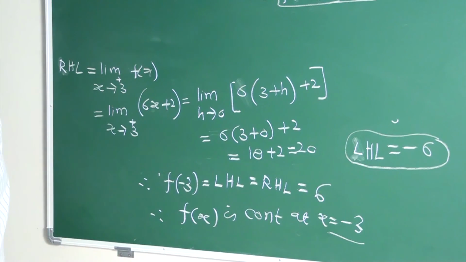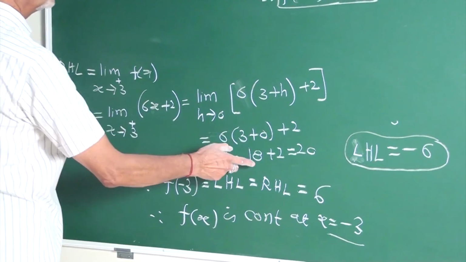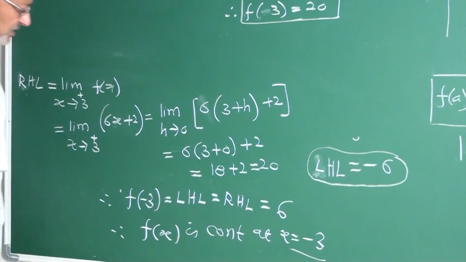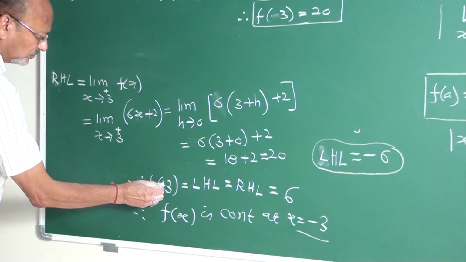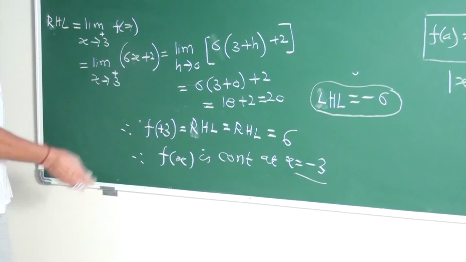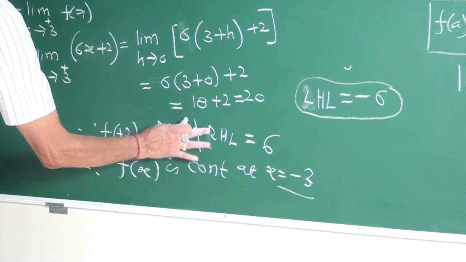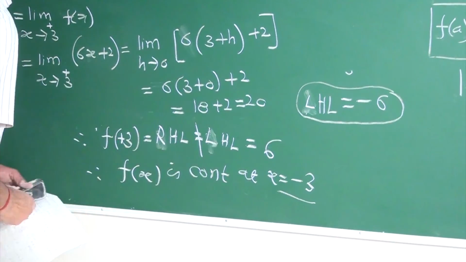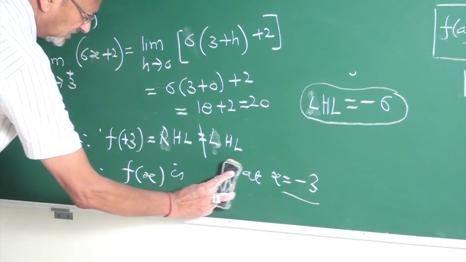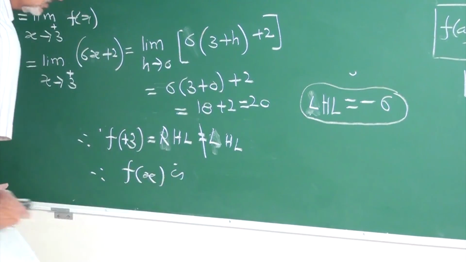Yes, my friend, RHL is 20, the value is 20, they are equal but not equal to LHL. Therefore, the given function is discontinuous.